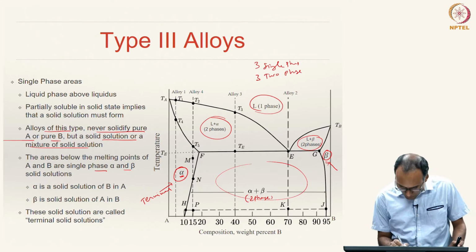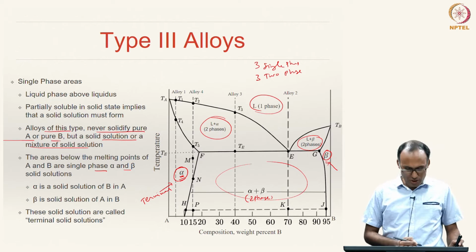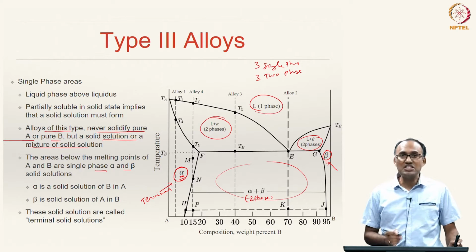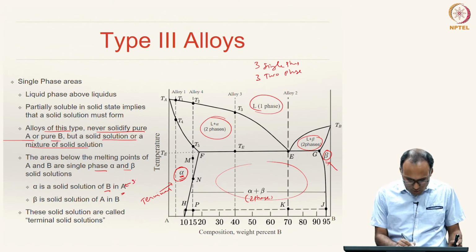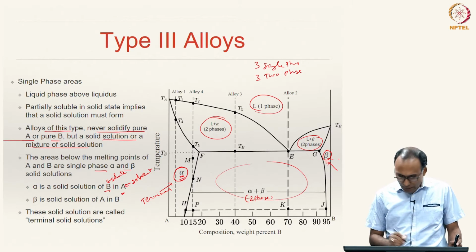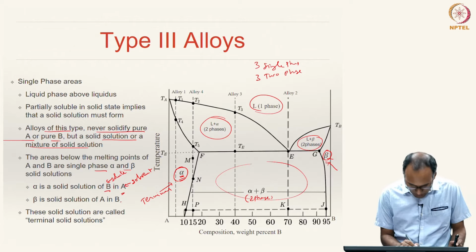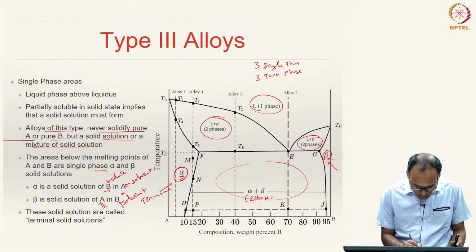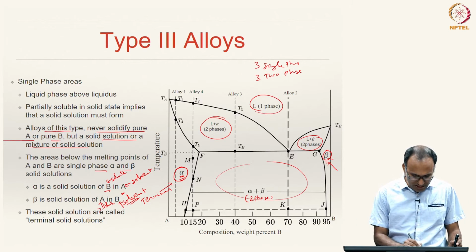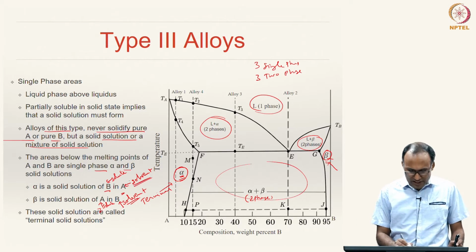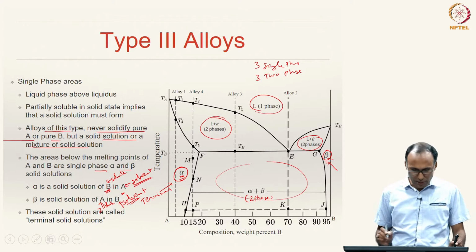So, here alpha is a solid solution which is rich in A, that means the solid solution of B in A. So, A is my solvent and B is my solute in alpha. Beta is the solid solution of A in B, that means B is my solvent and A is my solute. So, this is host and this is guest, whereas in alpha A is the host and B is the guest.